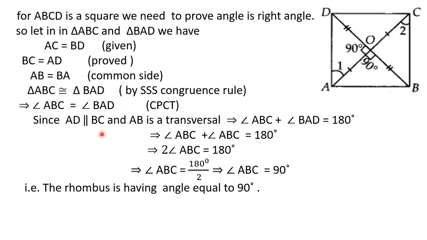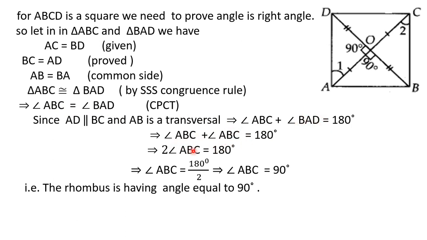Since AD is parallel to BC and AB is a transversal, these two lines are parallel and this line AB is a transversal. We know that angles on the same side of a transversal are supplementary. So we can write angle A plus angle B is equal to 180 degrees, and as angle ABC and angle BAD are equal, we can put the value of angle BAD as angle ABC.